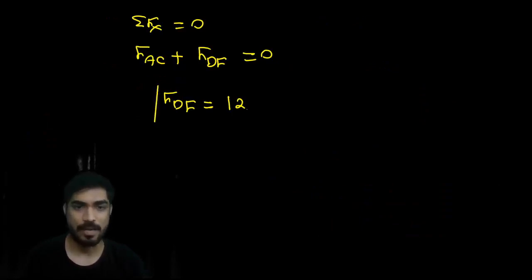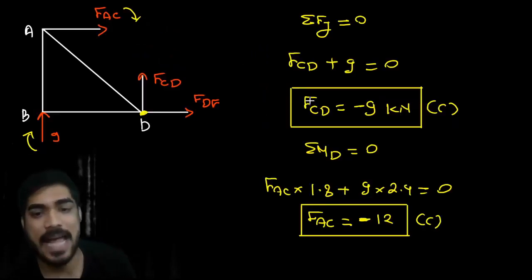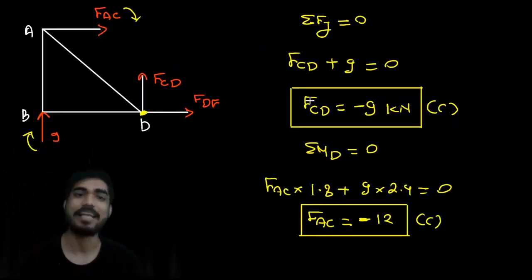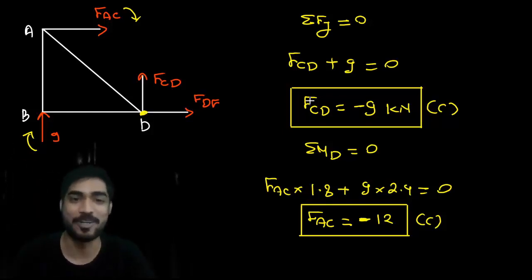FAC is minus 12, so minus of FAC means plus 12, which means it is tensile, right? We needed force only in CD and DF, and I calculated FAC. It's okay, I calculated an extra force.